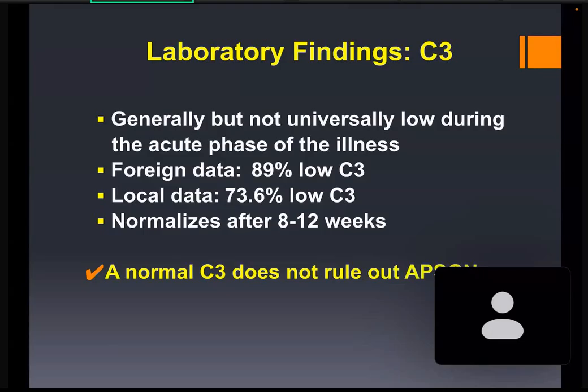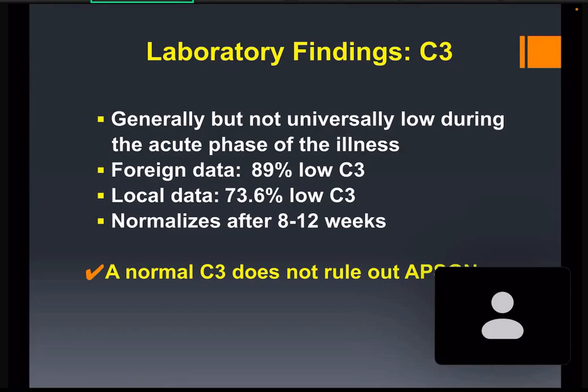Unlike the others, like C5 or C4, it's not always available, and we only get it if we think of another diagnosis that lowers C3, like lupus or other immune-mediated diseases. It is generally, but not universally, low during the acute phase of illness.